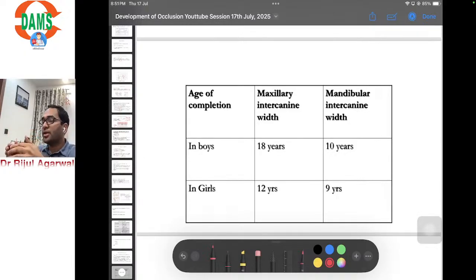So the maxillary intercanine width increases so as to accommodate the developing mandible. The maxillary intercanine width is established later as compared to the mandibular intercanine width, so as to accommodate the increasing lower jaw. At what stage is it done? Maxillary intercanine width completes at 18 years, mandibular at 10. In girls it is at 12 and in boys it is 9.